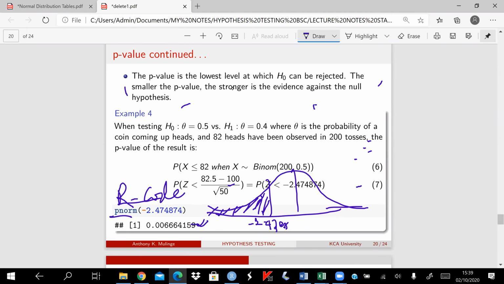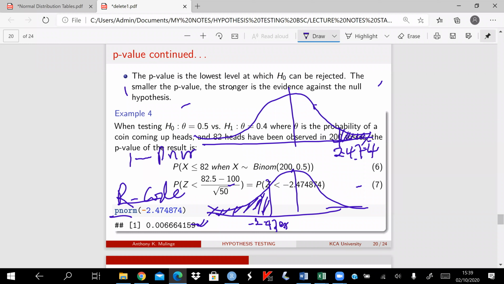If it was an upper tail test, where this value is 2.47, and you want to use R code to get this p-value, you will take 1 minus pnorm of 2.47, etc. This part here will give you the cumulative probabilities all the way from -infinity up to this point.